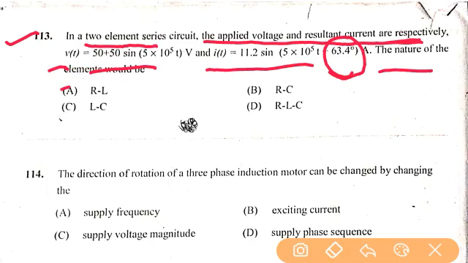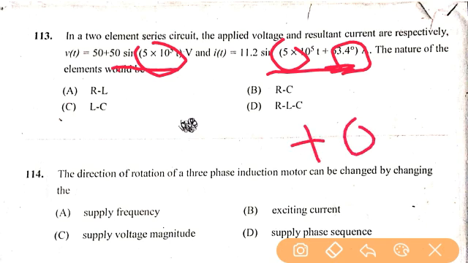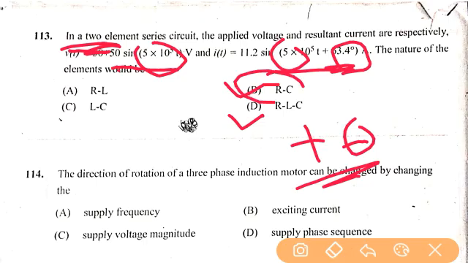The nature of the elements will be, here you can see that both these functions are sinusoidal and have the same omega, that is 5 into 10 to the power 5. Here you can see that an extra angle is there, that means only the capacitive circuit will be given as plus theta angle. So that means this circuit will be an RC circuit. You can see that here there are two elements, otherwise you could say it is an RLC circuit. Here it is two elements, that means this is an RC circuit.